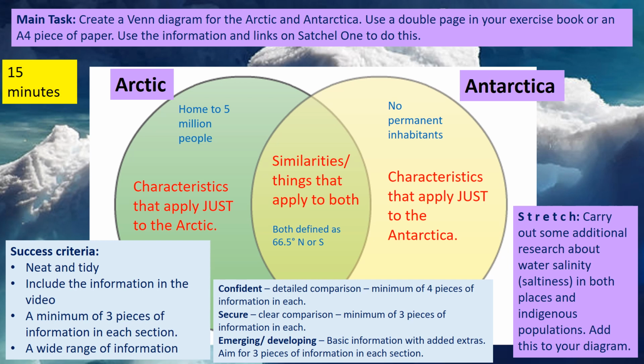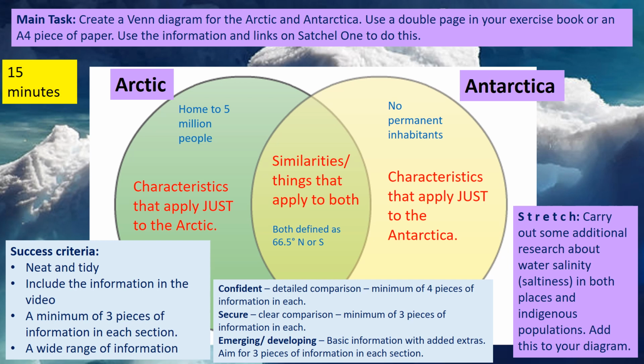Your success criteria: your work needs to be neat and tidy. You need to include the information in this video, include a minimum of 3 pieces of information in each section of the diagram, and a wide range of information. If your target is confidence, you need to produce a detailed comparison, so a minimum of 4 pieces of information in each section.